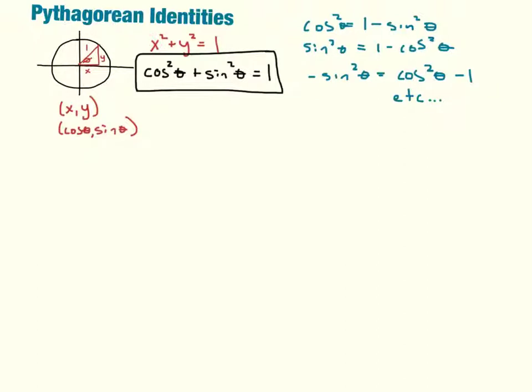Now we're going to take that identity and divide everything by cosine squared theta. So I have the identity cosine squared theta plus sine squared theta equals 1, and I'm going to divide each of those things by cosine squared theta.